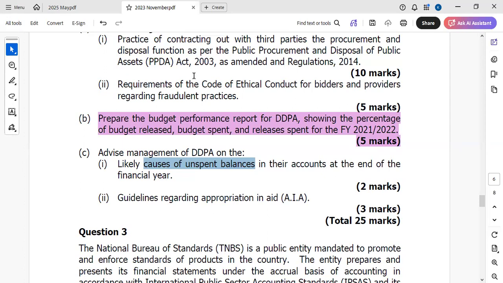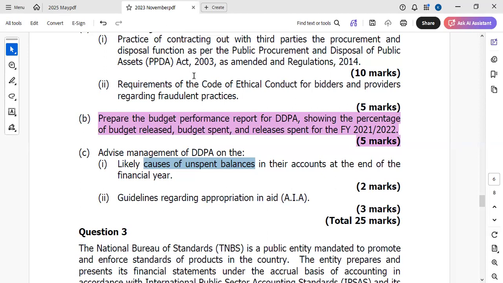So that will cause unspent balances at the end of the financial year. When we look at your records, you have the money unspent, but you have not yet paid because the procurement process has not been completed. So the delayed procurement process can cause these unspent balances. These natural disasters that you see, these pandemics, can as well put everything on hold.